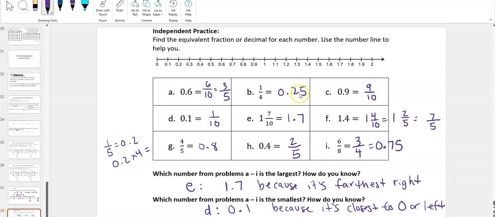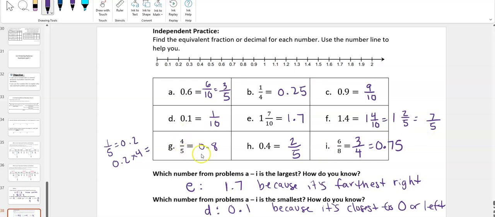We should know that by now. 9/10 is 0.9. 1/10 is 0.1. 1 7/10 would be 1.7. 1 4/10 would be 1.4, or 1 2/5, or 7/5 if I'm keeping it in improper format.